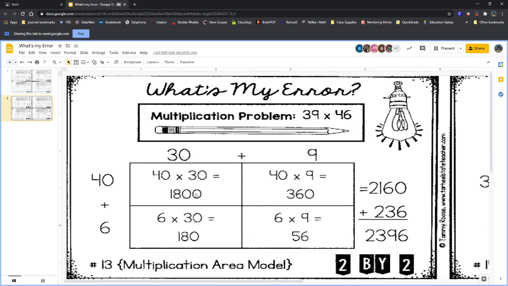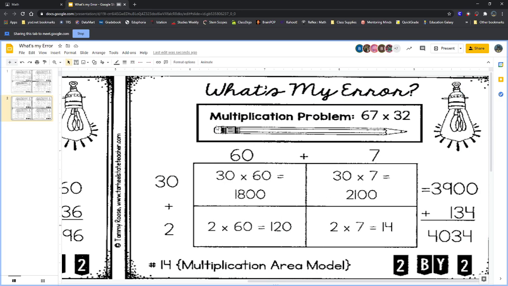Who can tell me, what's the mistake they made here? 39 times 46. Haley? Very good. It should have been 12, not 18. So there was their mistake there.